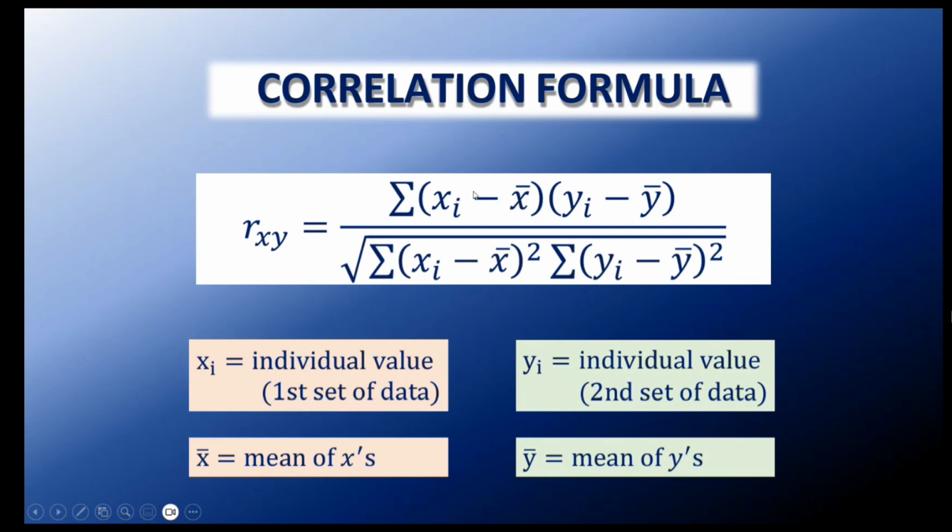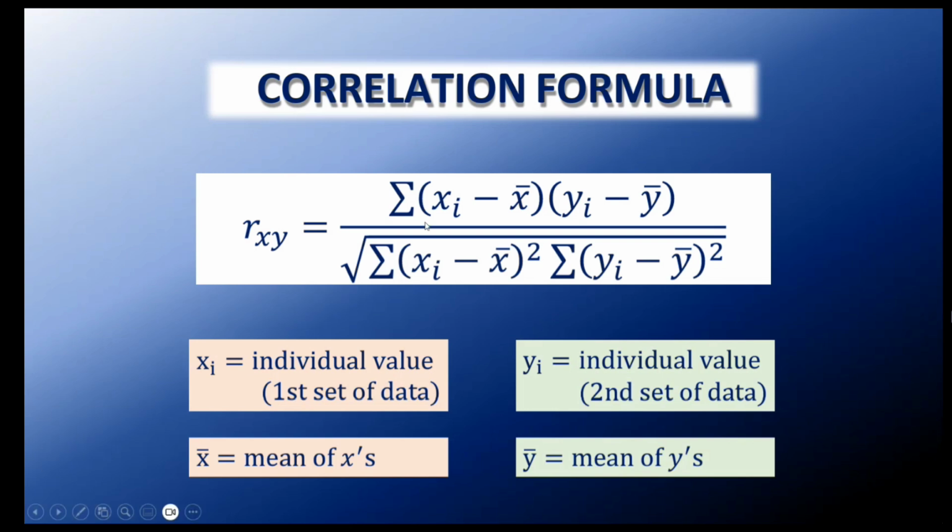After you get the difference, you multiply it with the individual value on the other set minus the mean of that second set. Then after multiplying, you add it again and again until you have substituted all the values.